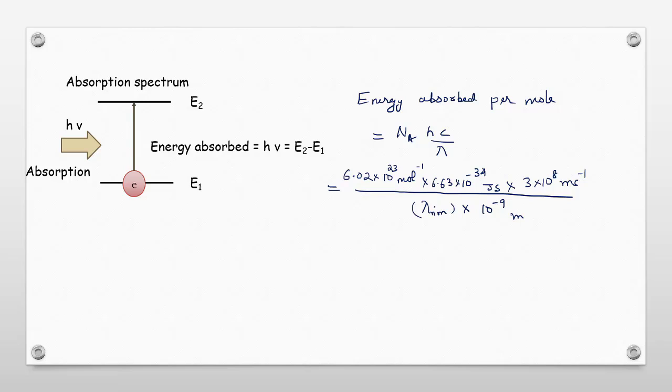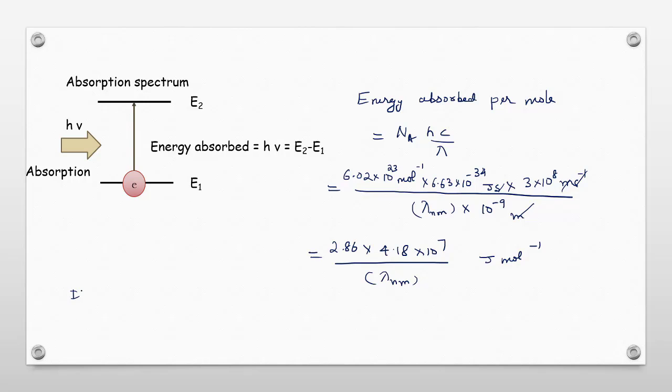Here the lambda value is expressed in nanometers. So if lambda is 286 nanometers, here it will be 286 into 10 raised to minus 9. Here second and second raised to minus 1 will get cancelled. Meter and meter will get cancelled. And this value will become 1.2 into 10 raised to 8 divided by the lambda value expressed in nanometers, joules per mole.